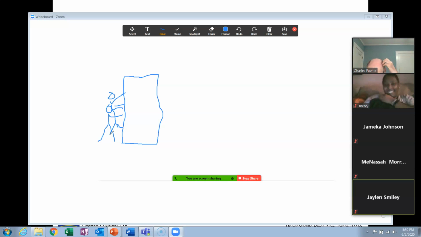That's supposed to be his legs there. The taller guy is pushing with 175 pounds of force. So he's pushing in this direction with 175 pounds of force.